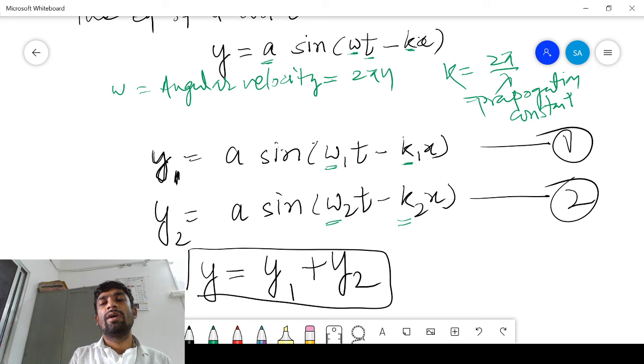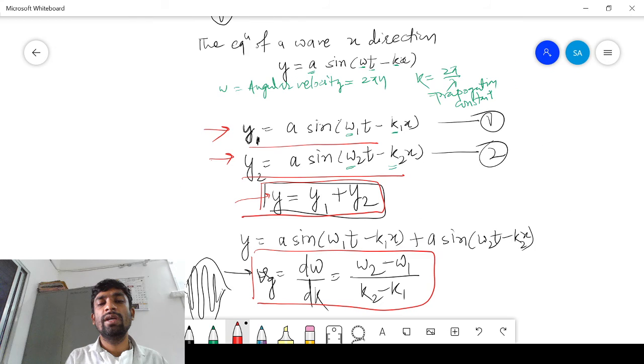So what we learn is that when two waves, y1 and y2, interfere with each other, this resultant equation y1 plus y2 will give you the group velocity. So what is the relation for group velocity? d omega by dk. This is the relation for group velocity.